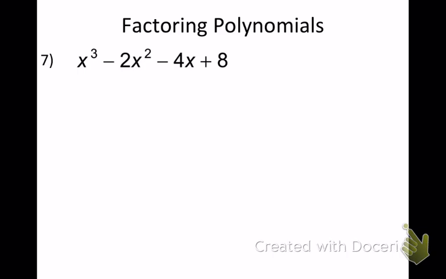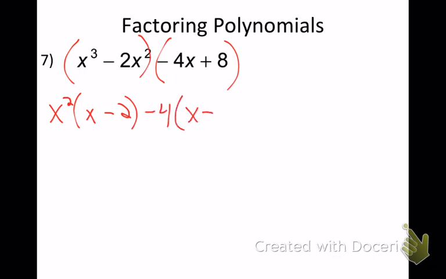So let's go to number 7. Beast, talk me through it. What did you do? You pulled out x squared, x minus 2. Awesome. And then you pull out negative 4, and you get x minus 2. Great.